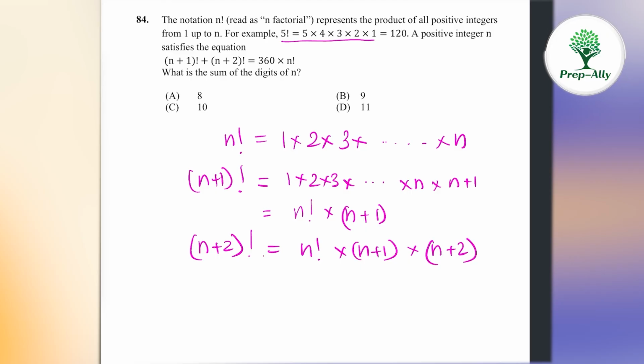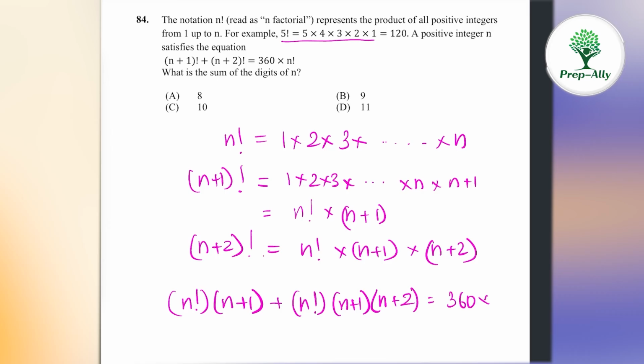And so we can rewrite the given equation as n factorial into n plus 1 plus n factorial into n plus 1 into n plus 2 equals 360 times n factorial.